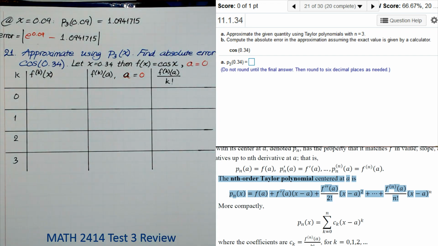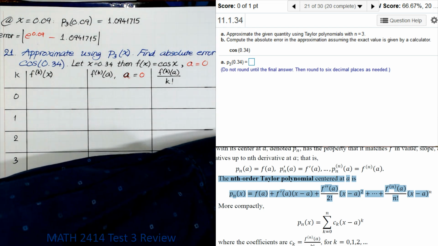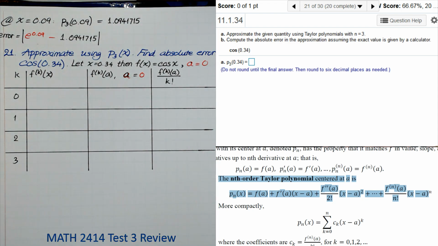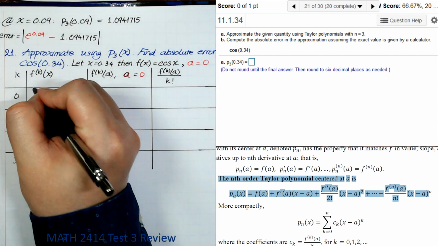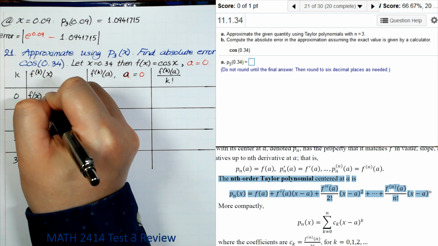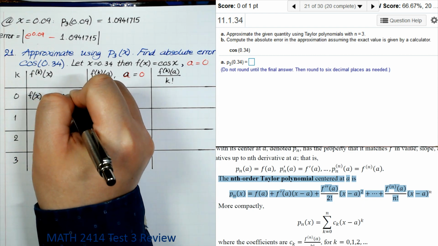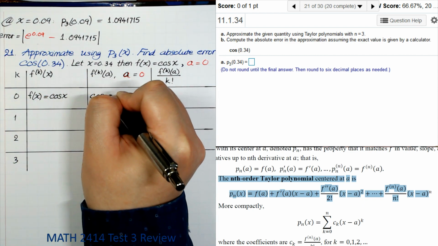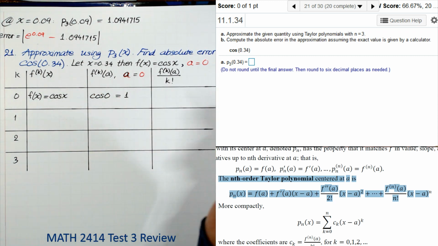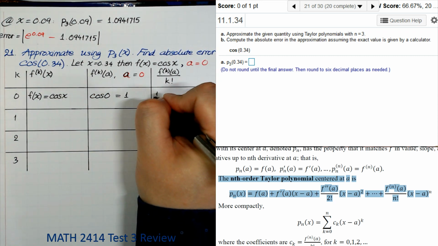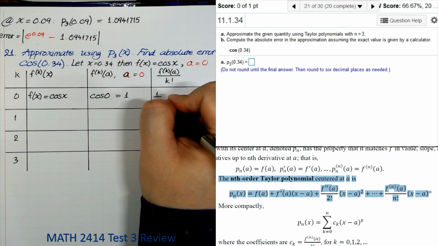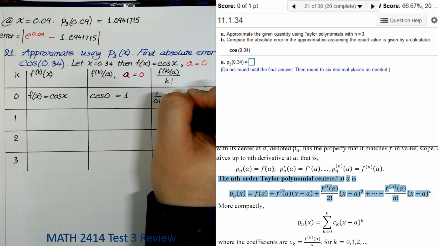Right. So the function is cosine of x. We have cosine of 0 is 1, divided by 0 factorial is 1.